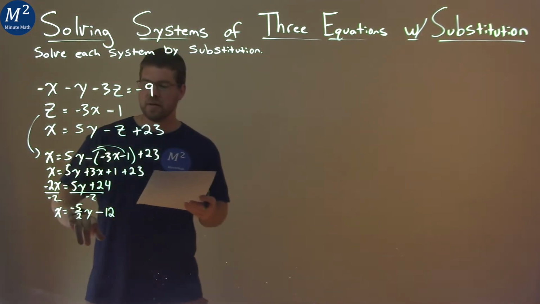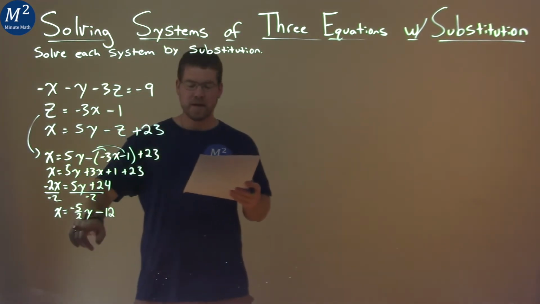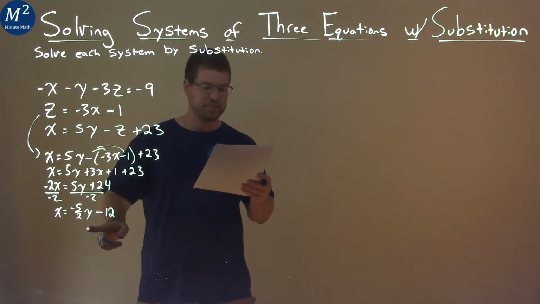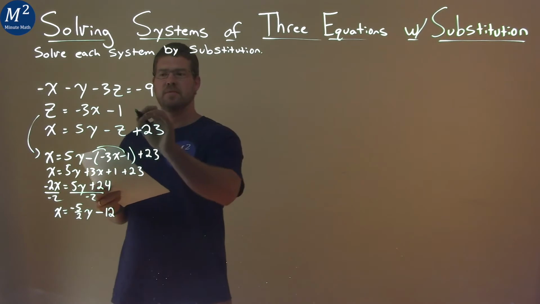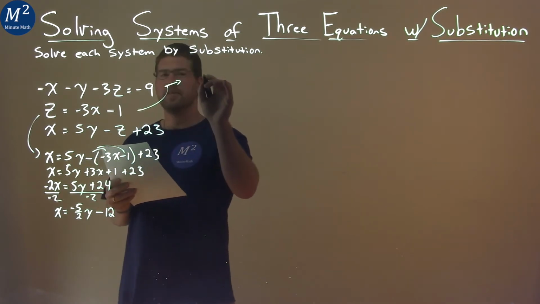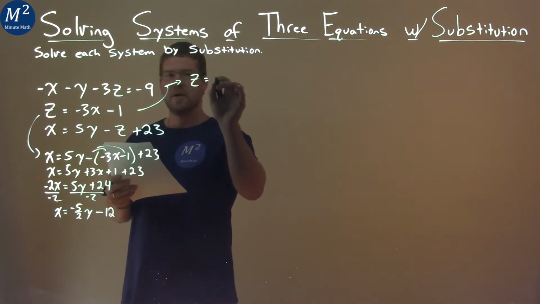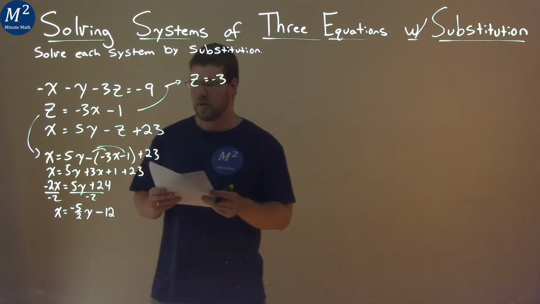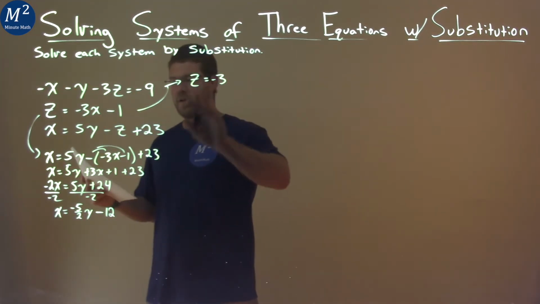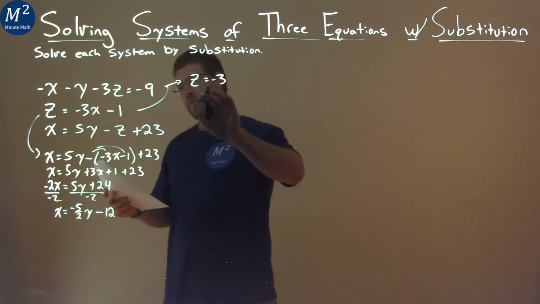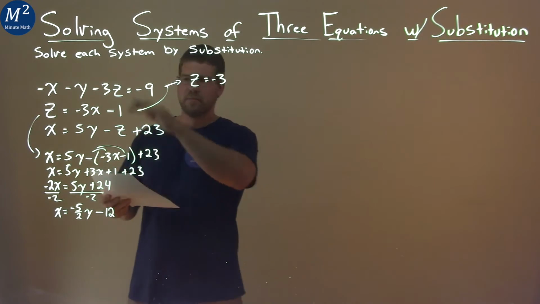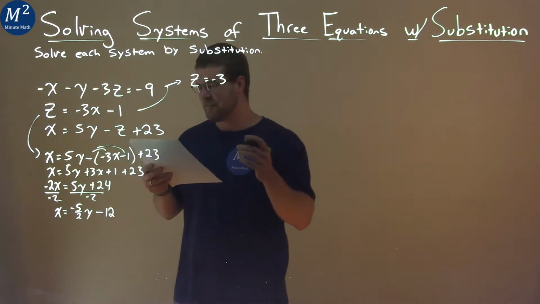Well, what I'm going to do now is get this z in terms of y. So I'm going to take that equation for z up here. Again, z equals negative 3, and instead of x, I'm going to put this in terms of y. So we're trying to find x in terms of y and z in terms of y here, and then we'll be able to substitute that in later to finally get y by itself.